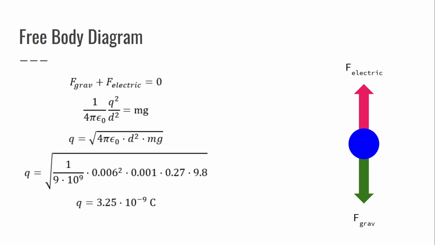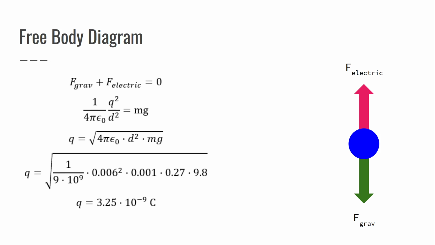Using the data recorded from our experiment, we then had to calculate the charge of one of the U-tapes. As the tape was held motionless in the air, we know that the net force acting on it was 0. As the only two forces acting on it were the gravitational force of the Earth and the electric field of the other U-tape, these forces must sum to 0, as we can see in our free body diagram.